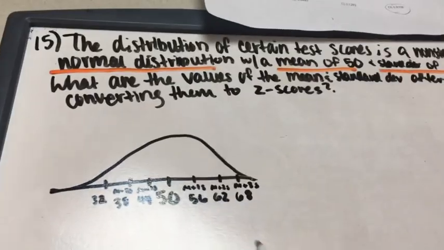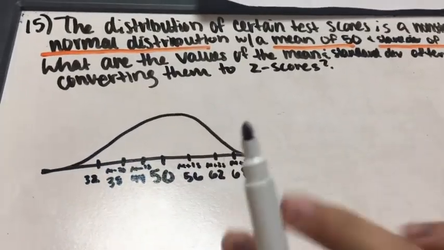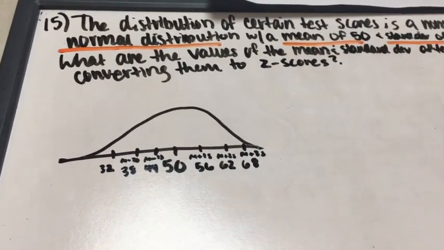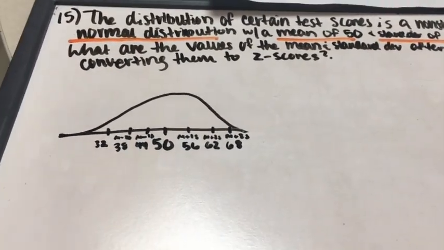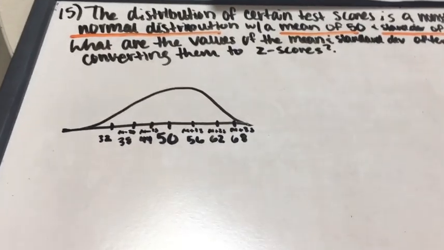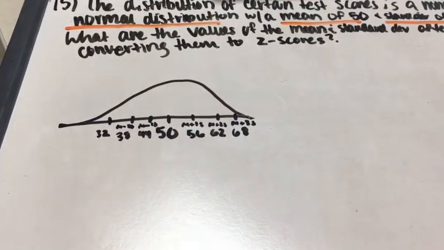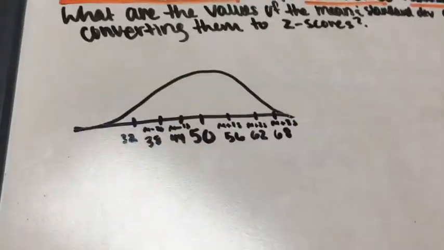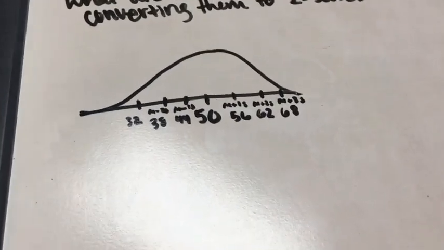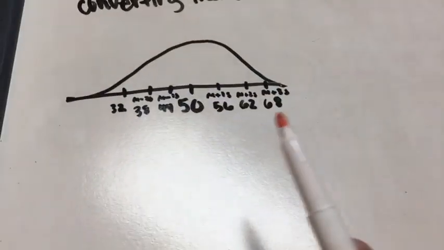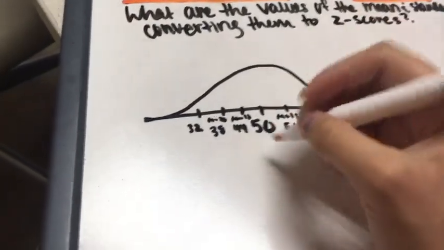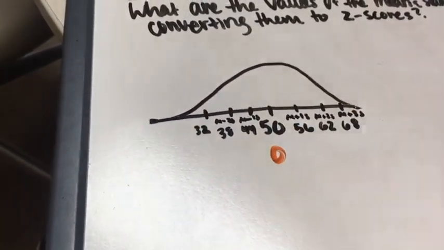So this is your mean and your standard deviations added or subtracted from each other. But if you want to convert them into a z-score, your mean, since this is the mean right off the bat, has a z-score of 0.